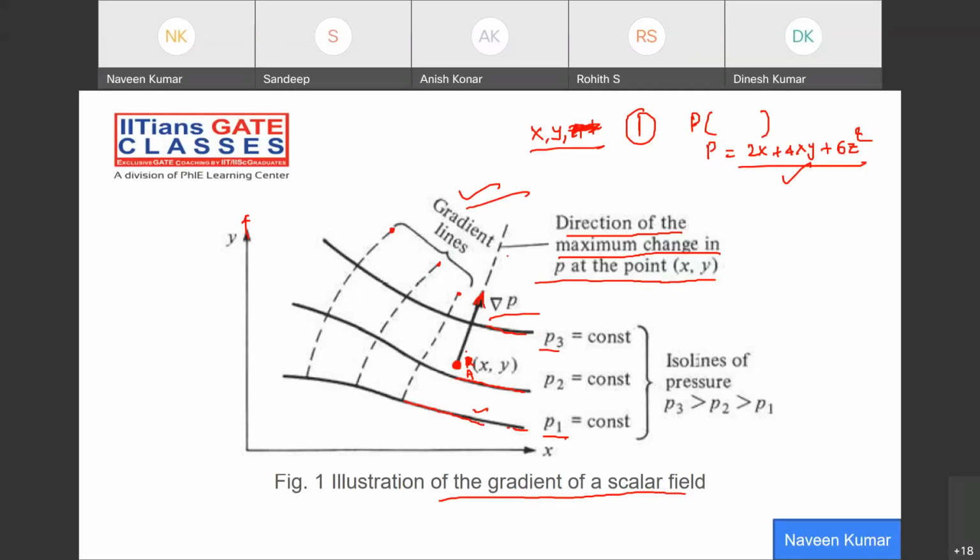So these are the iso lines, as pressure P1 is constant on this line, pressure P2 is constant over this line, P3 is constant, so these can be called iso lines. Okay, then just mention that P3 is greater than P2 is greater than P1. You understood, right? Any doubt? No, sir.